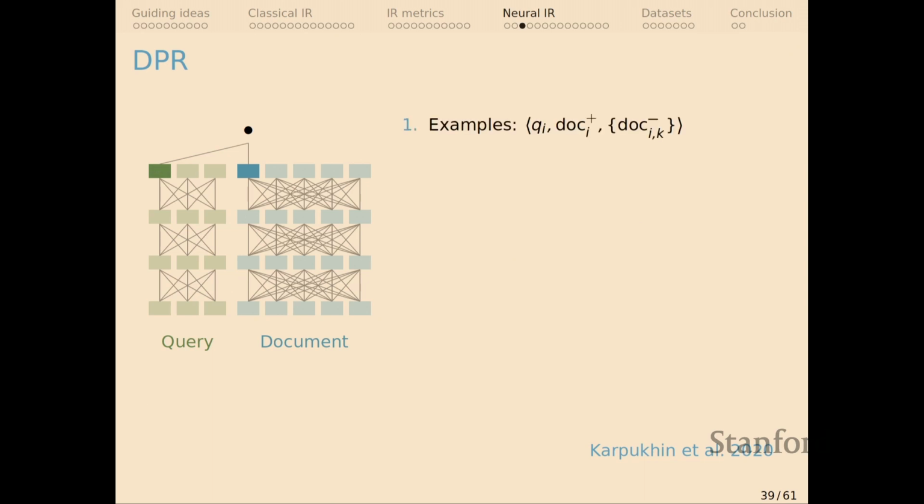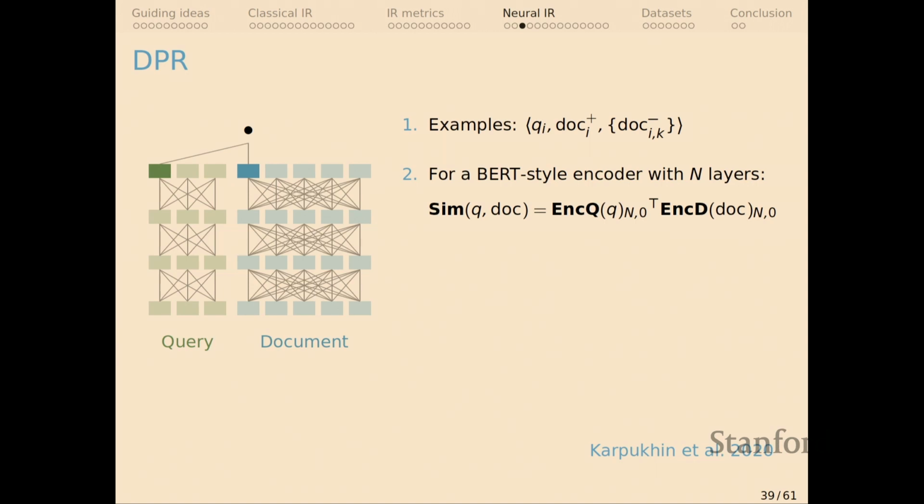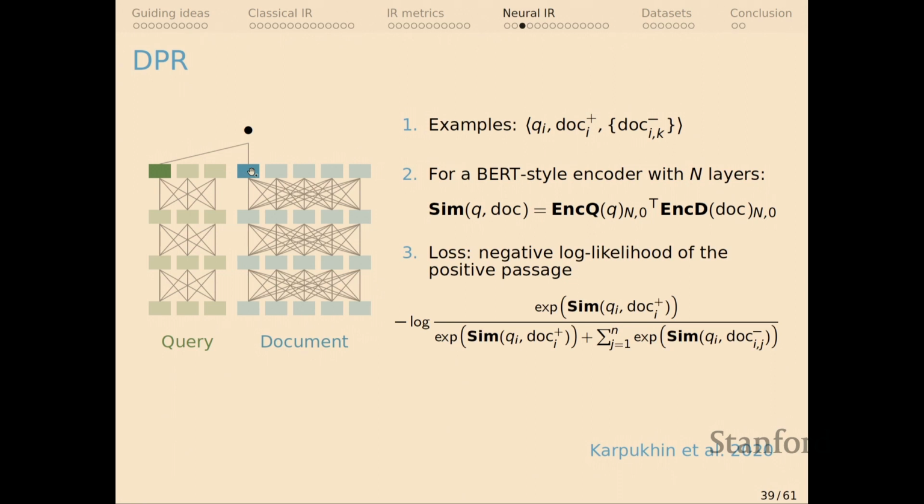So here our examples are the same. Now the similarity function, as I'm calling it, for a query and a document, is we process the query, we get this guy, process the document, and we get this guy, and then we do scoring on that basis. There are no additional parameters. We just score based on those representations. They're dot product.